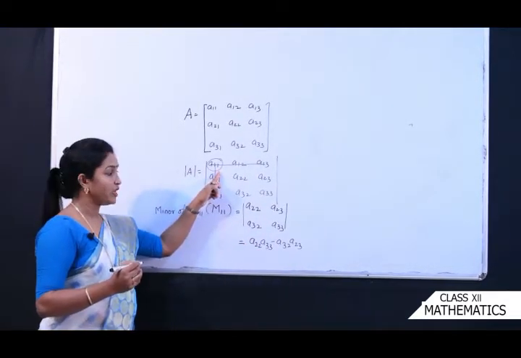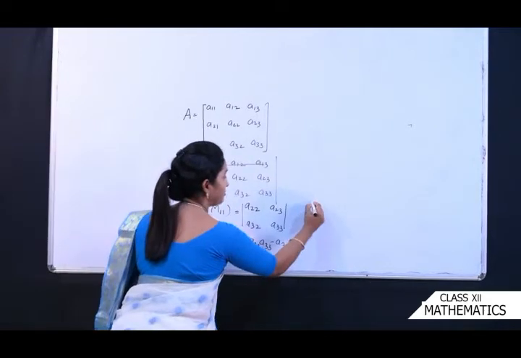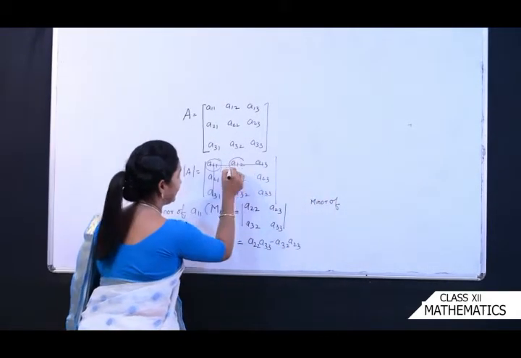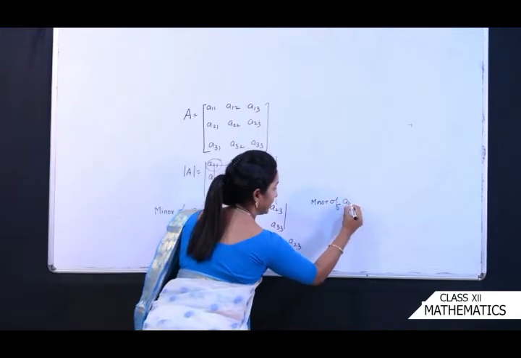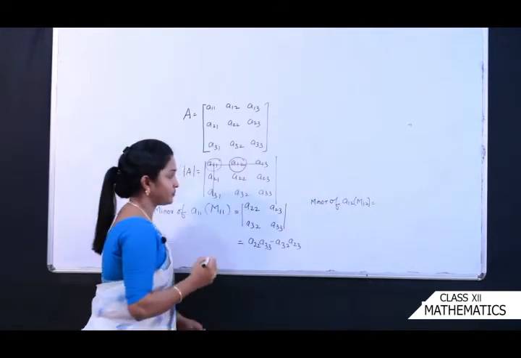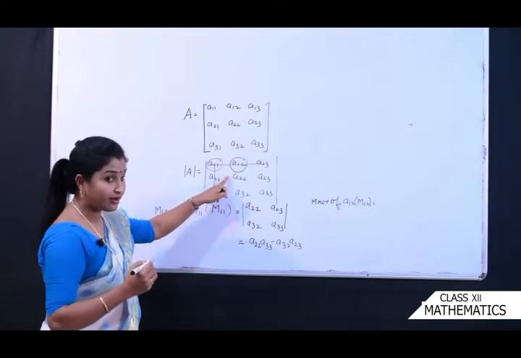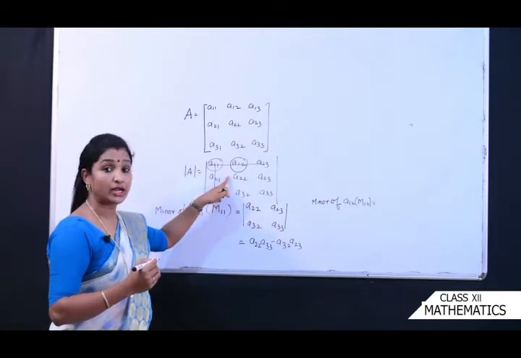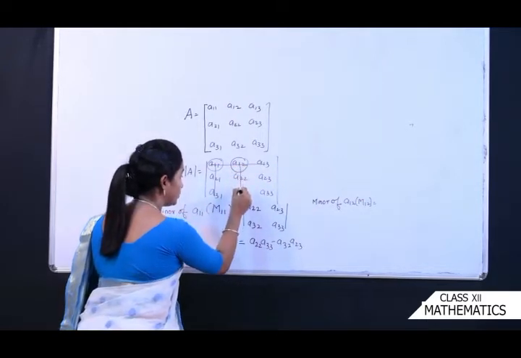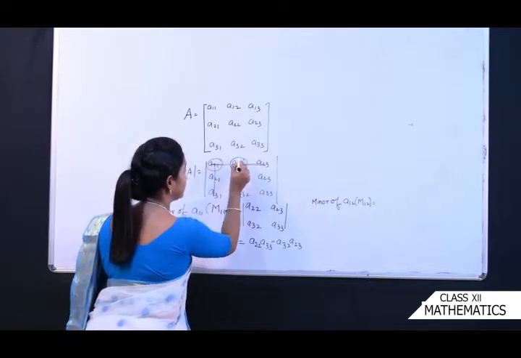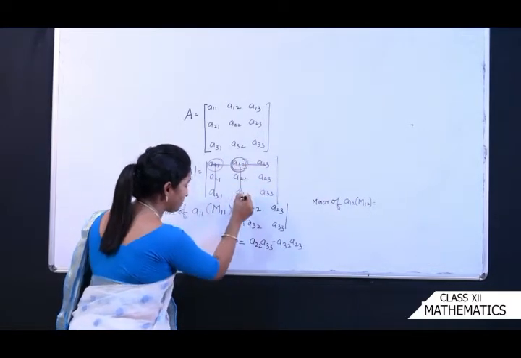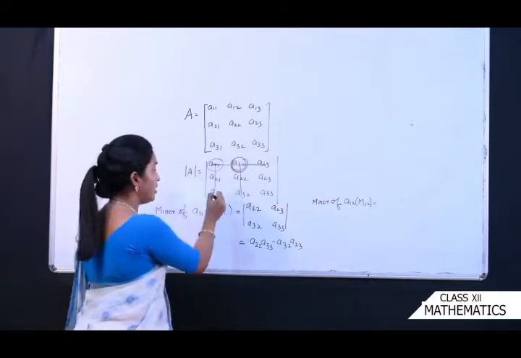Is that clear? Now again I'm finding the minor of the second element, A12. That is M12. What does it mean? Again, the elements which are left out after deleting the row and column in which this element lies. What is left out?